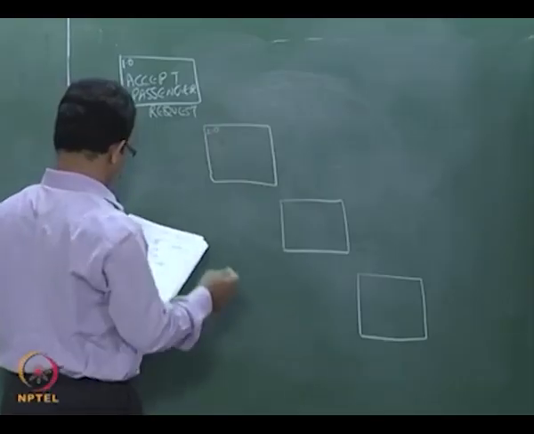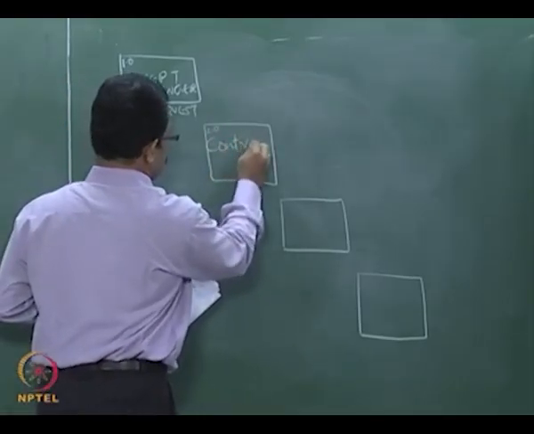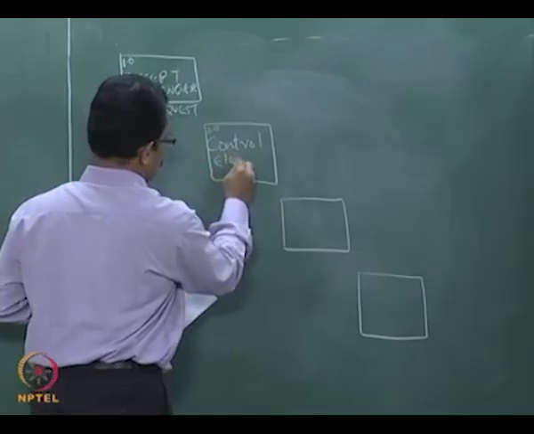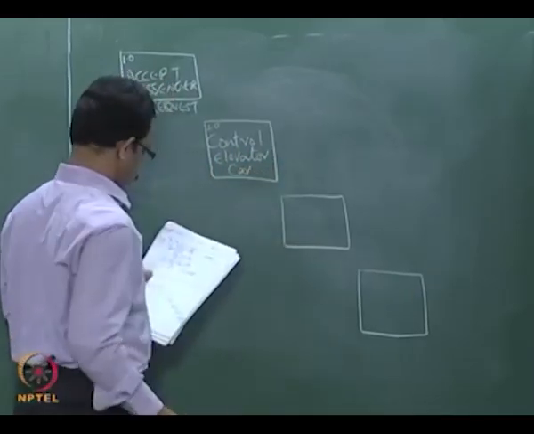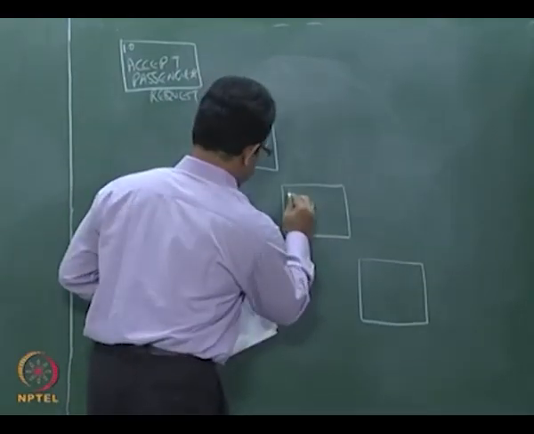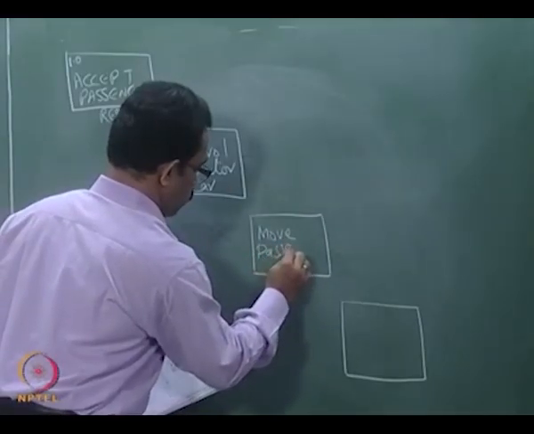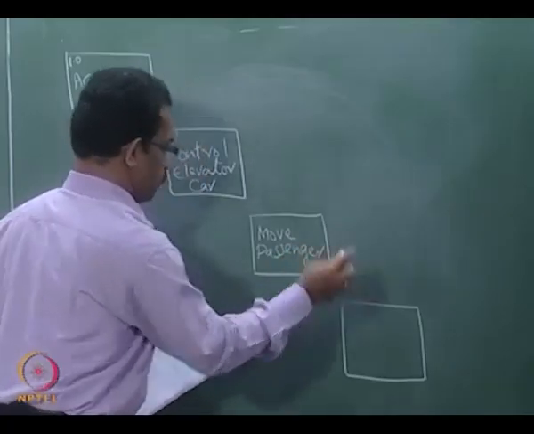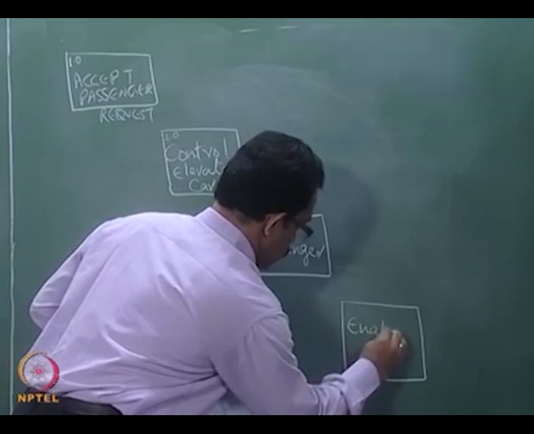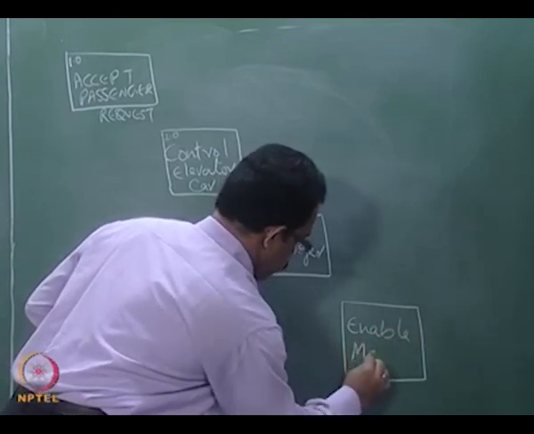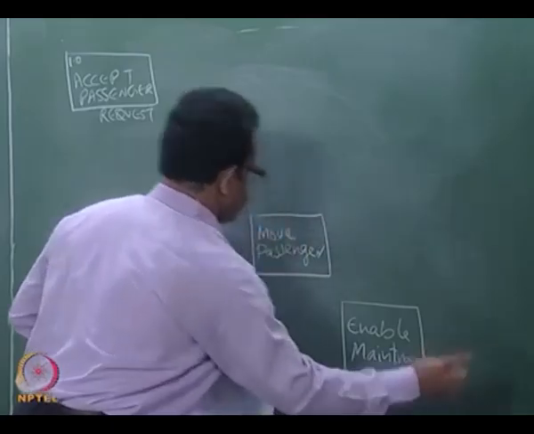So, accept passenger request, then control elevator car, then move passengers, basically move passenger between floors, then enable maintenance. So, these are the 4 main functions of the elevator.